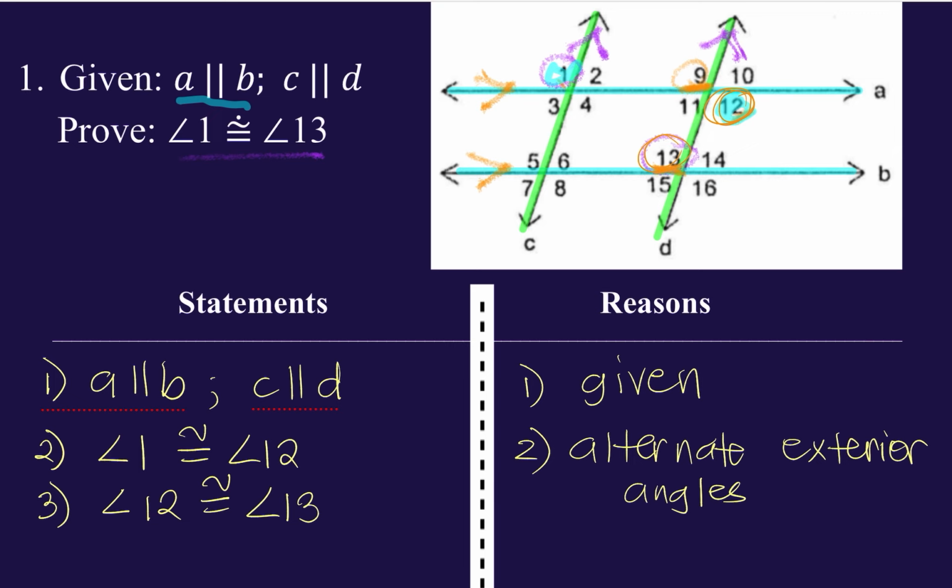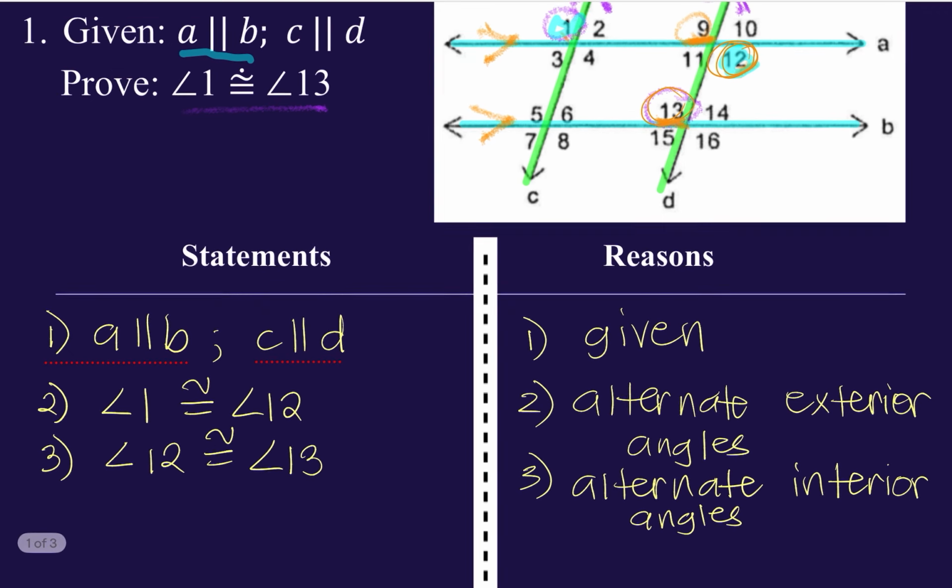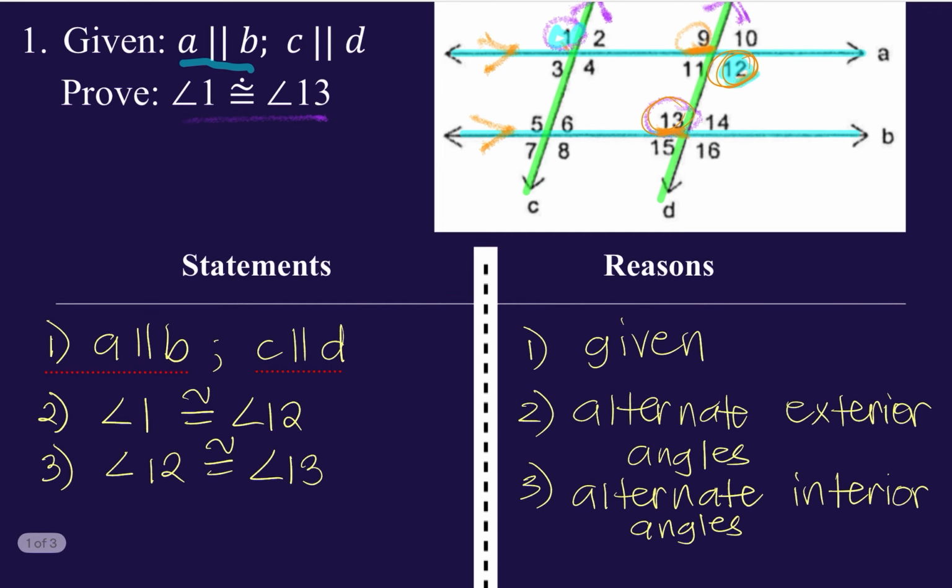Congruent meaning equal in measure, and so we call this alternate interior, because they're inside the lines A and B. So alternate interior angles. Now, using the information that we have at this time, we can go back and take a look at statements 2 and 3.